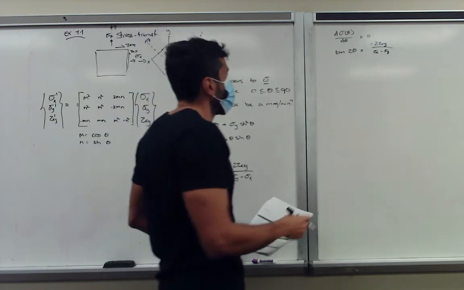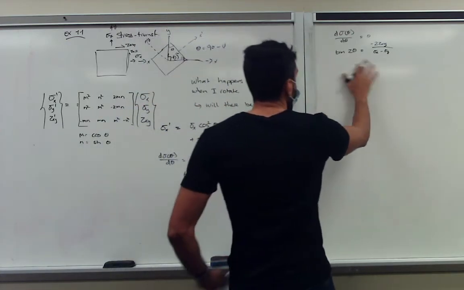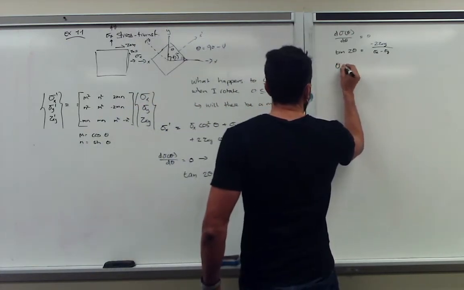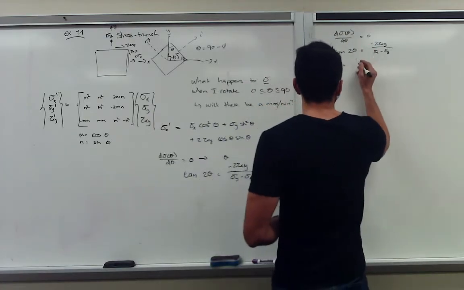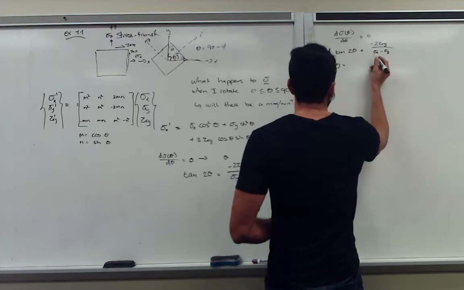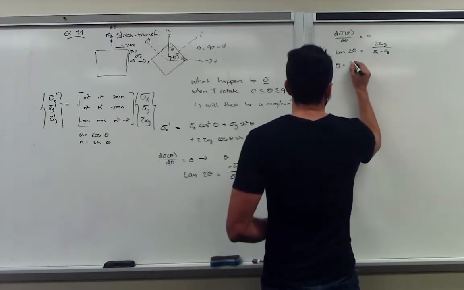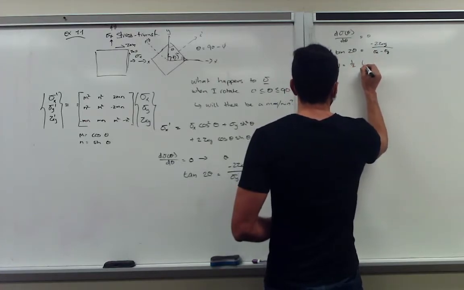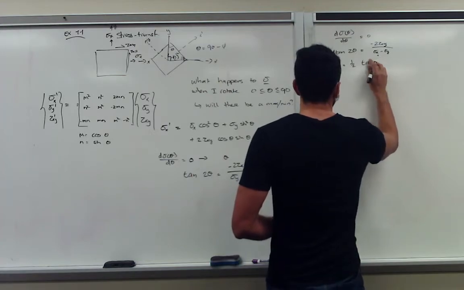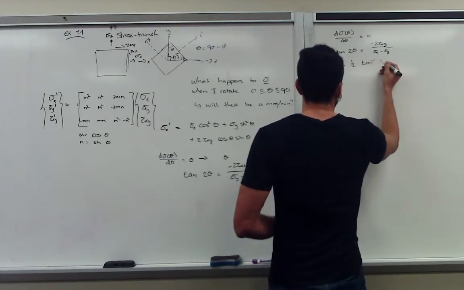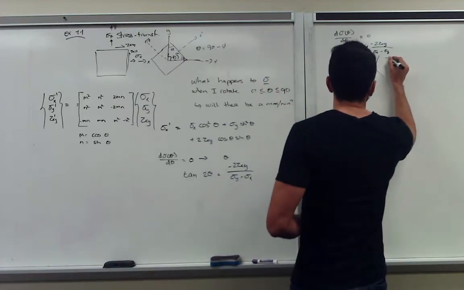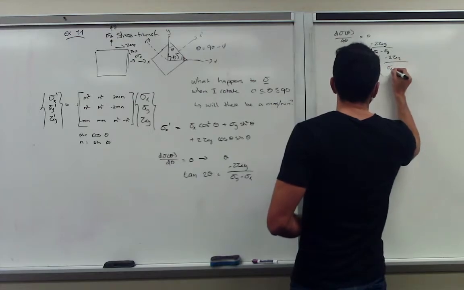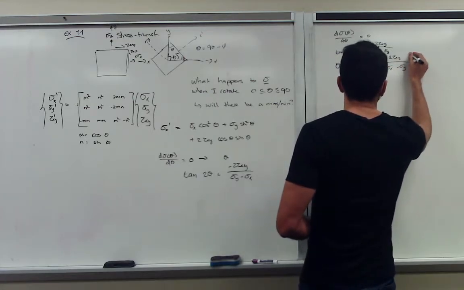If you want just theta out of it, you can rewrite this: we take the inverse of tan and then divide by 2, so we get theta equals 1/2 tan minus 1 of minus 2 tau xy over sigma x minus sigma y.